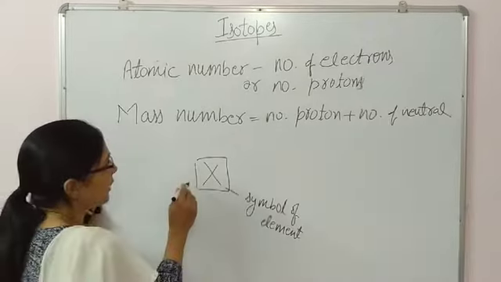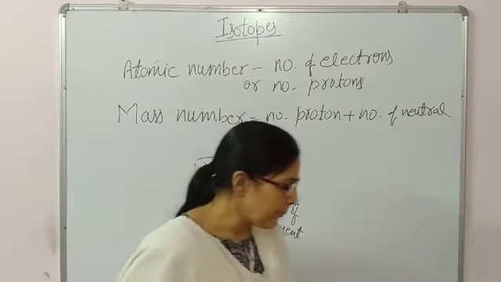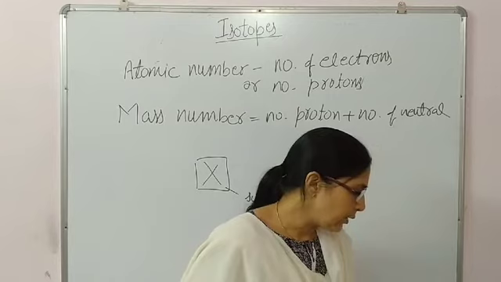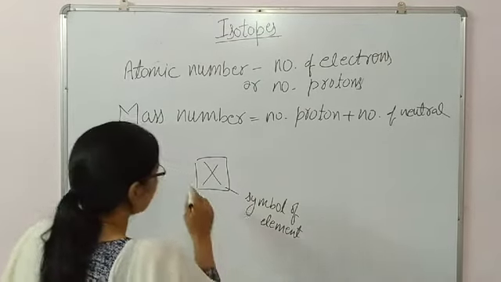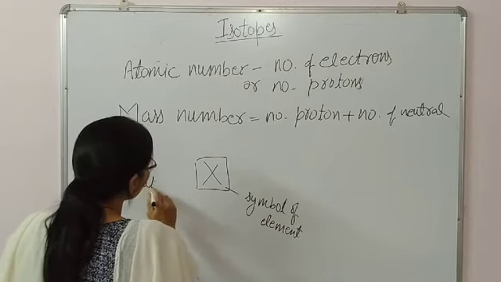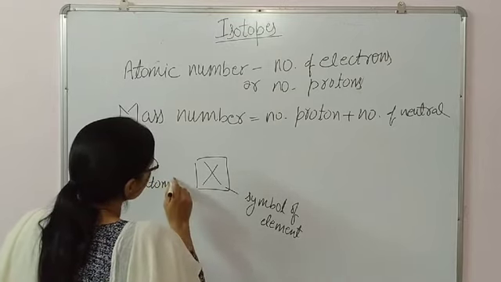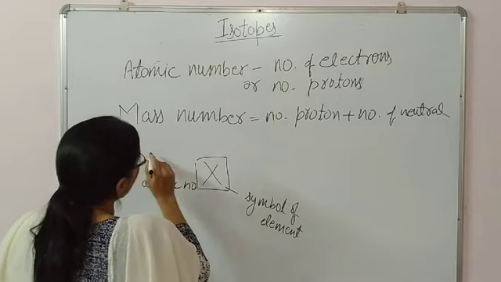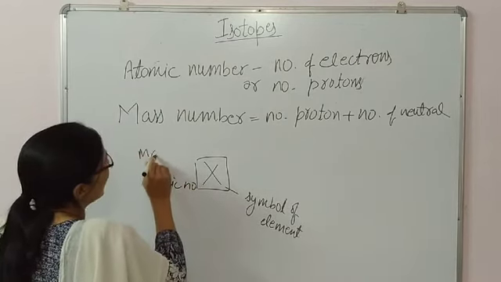Then here we will write atomic number and at the top we will write mass number. So suppose the atomic number is here and here mass number.